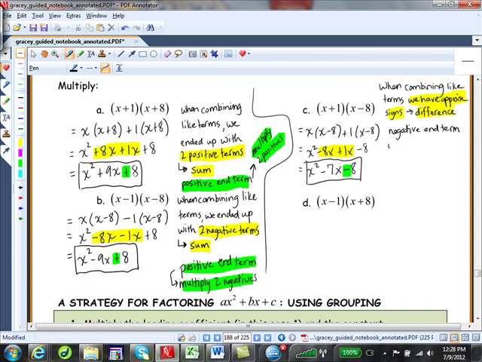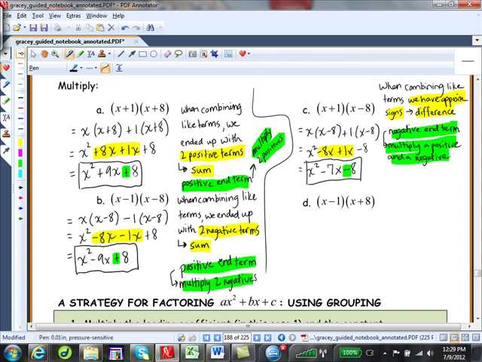So you have to multiply a positive and a negative to get a negative. All right, so that's where the information from the green is.